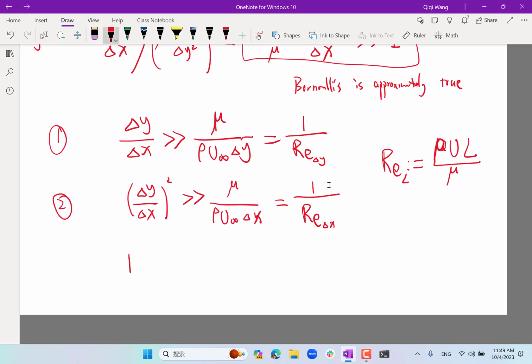So if I'm looking at delta y, that's much greater than, with delta x a fraction of the chord length, let me just write c times the square root of 1 over Re with respect to the chord length.